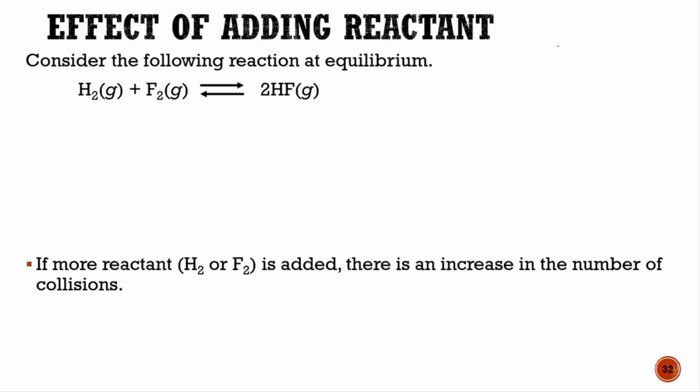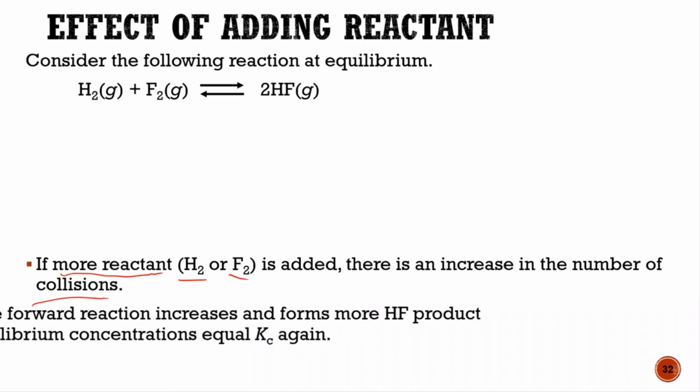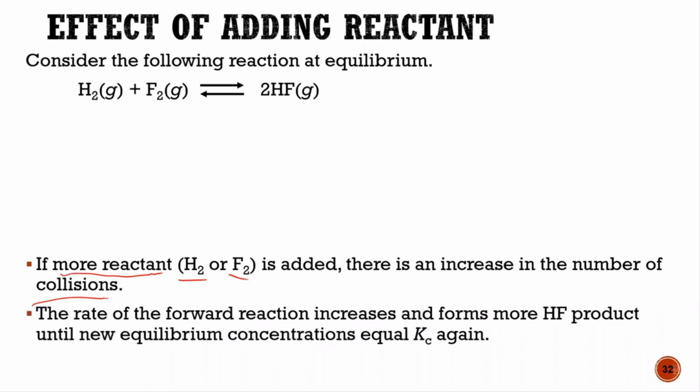If I add more reactants, we already talked about the effects of adding things and increasing concentration. There are more reactants colliding. If more reactants collide, the forward reaction is going to go up, and I'm going to end up producing more product. So this is going to give me a new equilibrium concentration. They're going to reestablish their equilibrium.